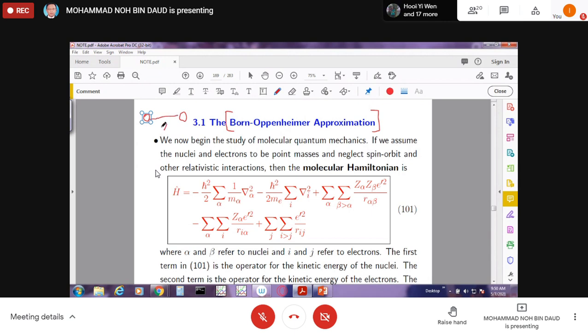We have these extra terms: the internuclear repulsion between the two nuclei, and also the kinetic energy of the two nuclei.